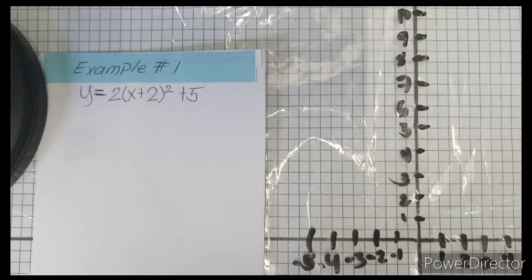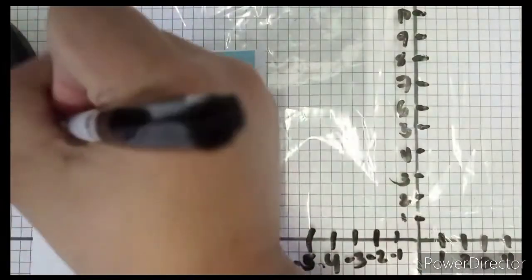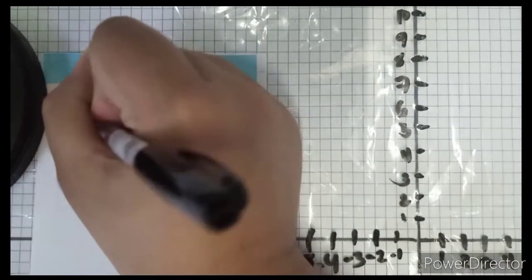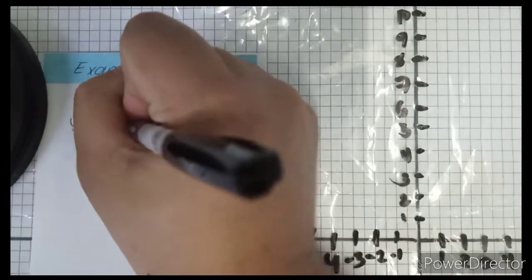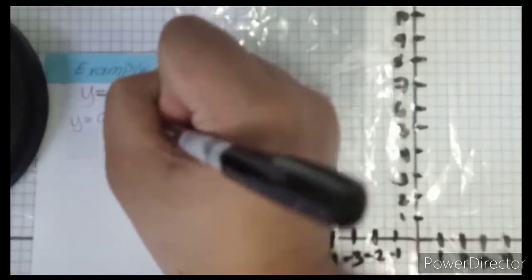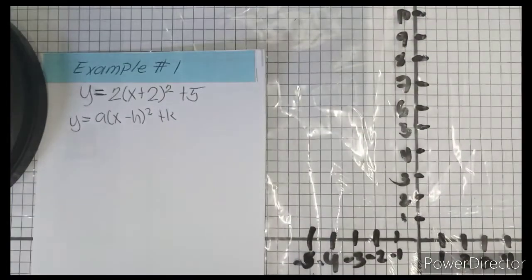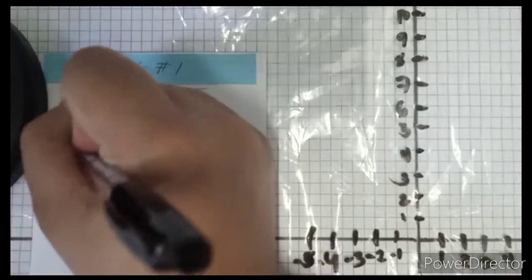First, kunin muna natin yung ating formula for the vertex form. So, our formula is y is equal to a times x minus h squared plus k. Next, kunin natin yung mga value ngayon ni h and k, which is our vertex, and value ni a. So, first, a.